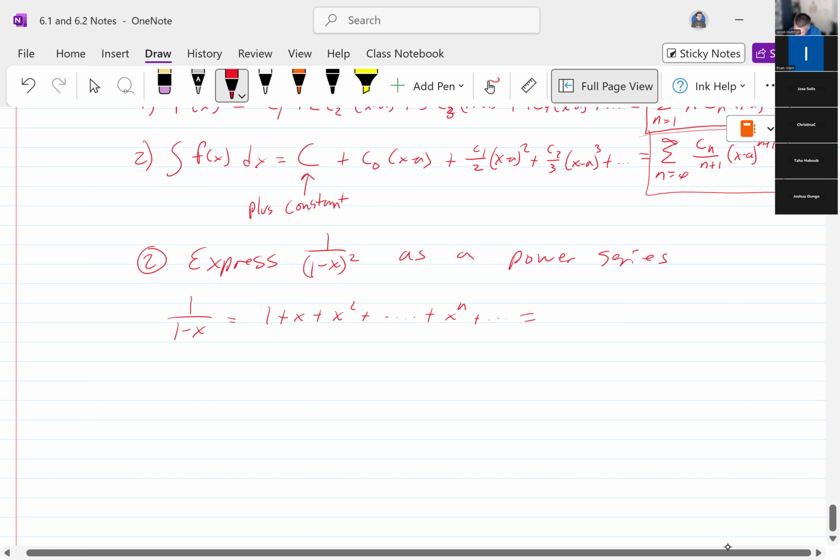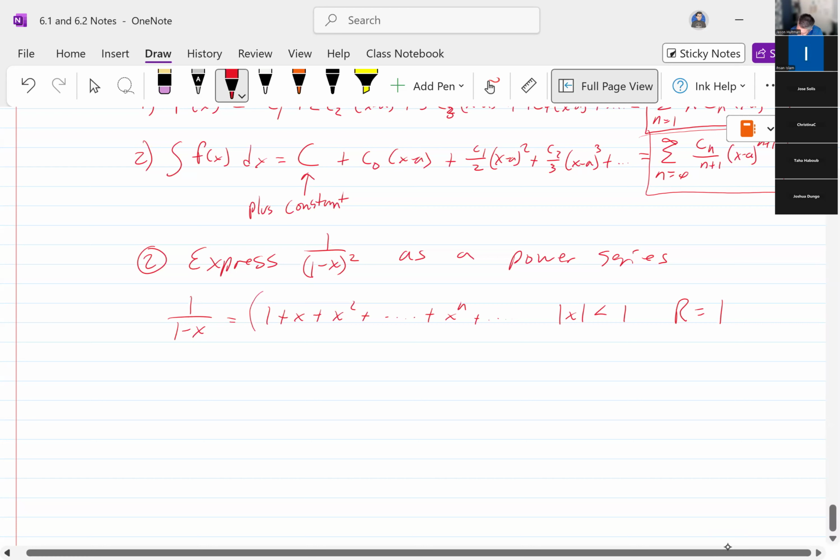This only converges when the absolute value of x is less than 1. That means that the radius of convergence is 1 for this series. But now they're saying, well, we want to square this whole series.